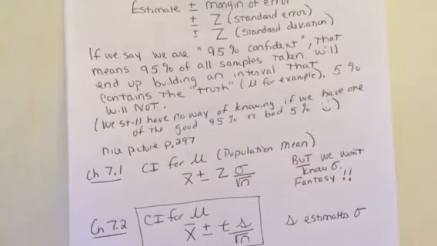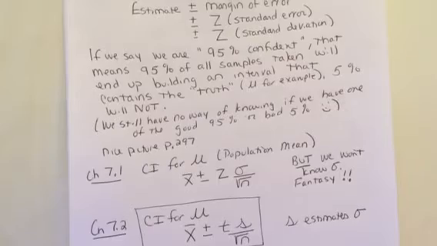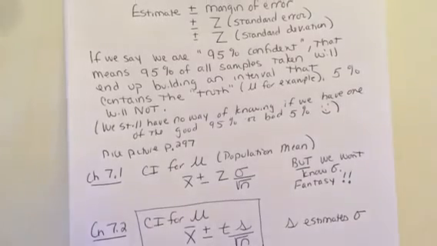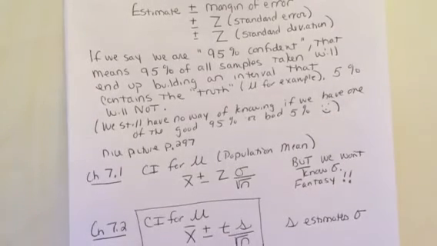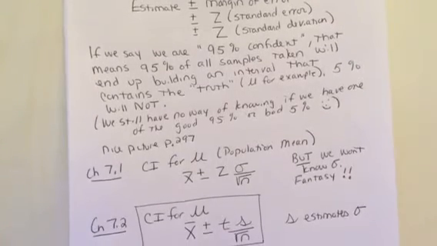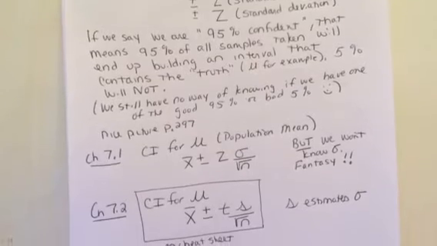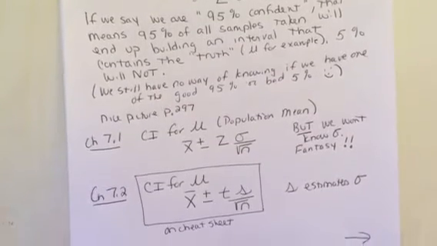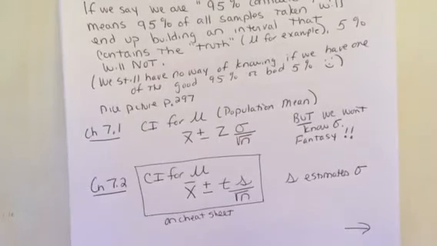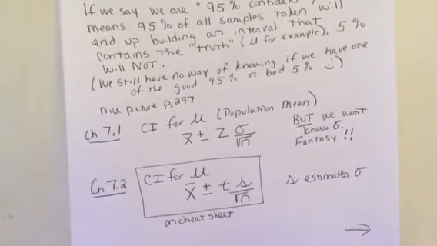So that's why we study sampling distributions. But here's the problem. We do not know what sigma is because that's the population standard deviation. All books will always talk about that, but I call that fantasy land. So really we're not going to use that formula. We're going to use the next one that I put in a box.